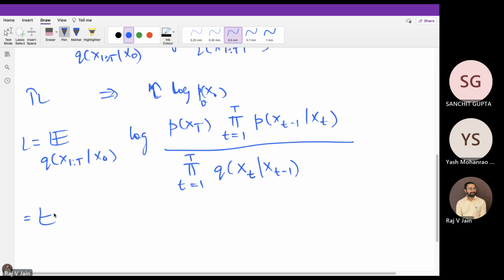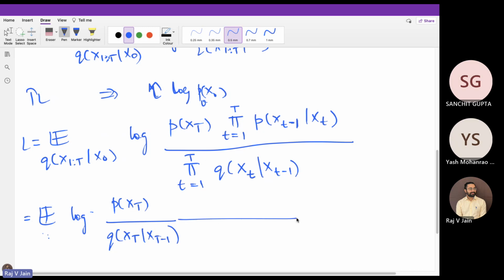Now, same expectation, log of, now we'll do some math jugglery. What we'll do is we will remove the q terms here. We'll write it as q of x T given x T minus 1, just the last term, and this remains a product from t equal to 1 to T minus 1, q of x t given x t minus 1.